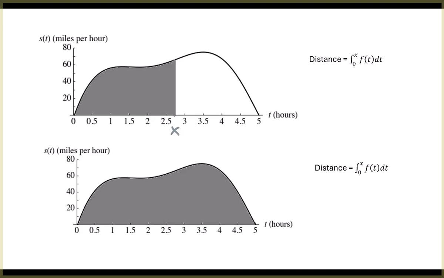It says, as you go from 0 to 5, there's your area. And so x will get replaced with a 5 up here. See? At any point along the way, say x stopped at 3.5, then the x up here would stop at 3.5. It's an accumulation of area.